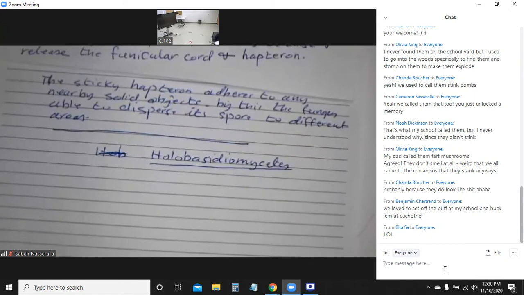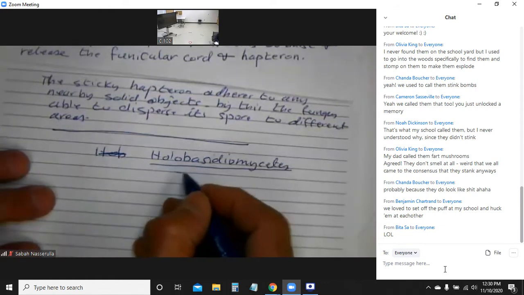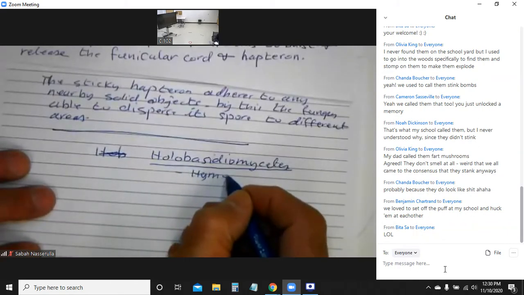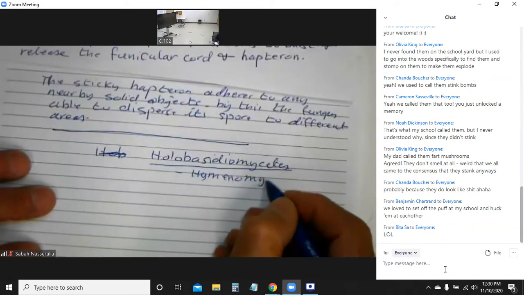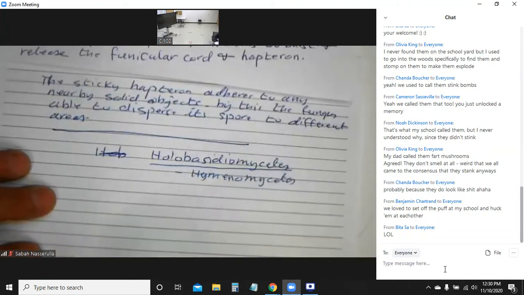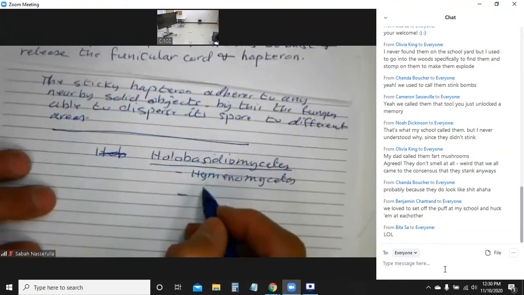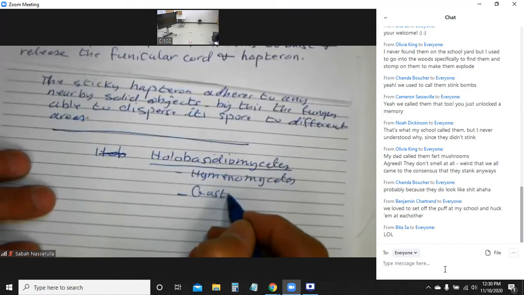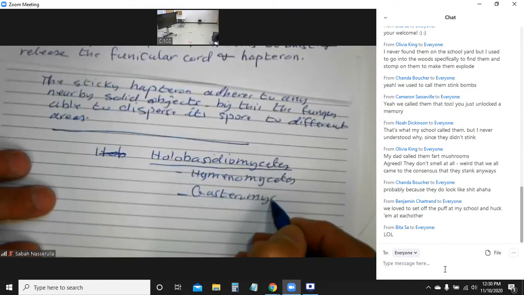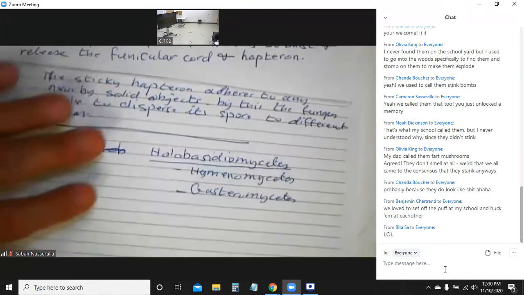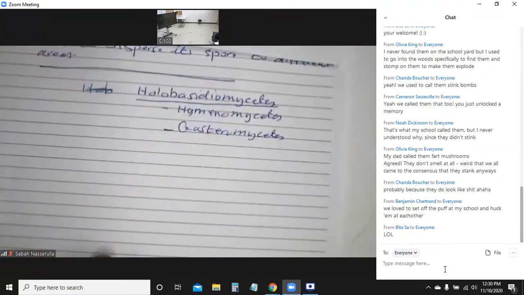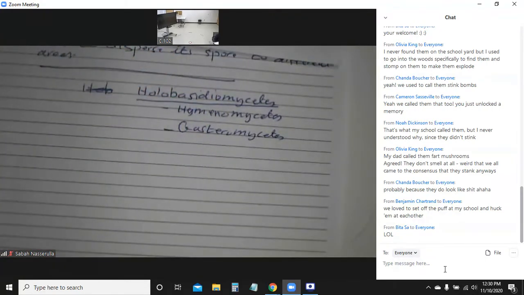And in this holobasidiomycete group, which includes most of the mushrooms and others, we group them into two: one group the hymenomycetes, or you can say hymenobasidiomycetes, and also the Gasteromycetes. To repeat, you already know the difference and we gave the example. Now we will move to the order in which they produce. Basically, the basidia is fragmented.